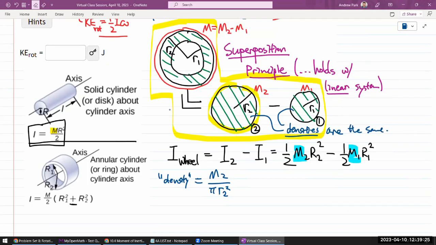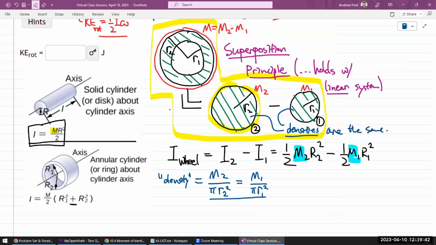So this is the same as m1 divided by pi r1 squared.